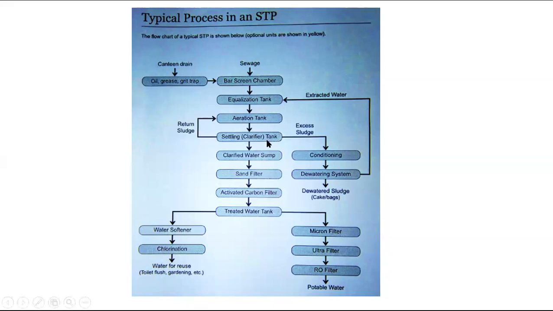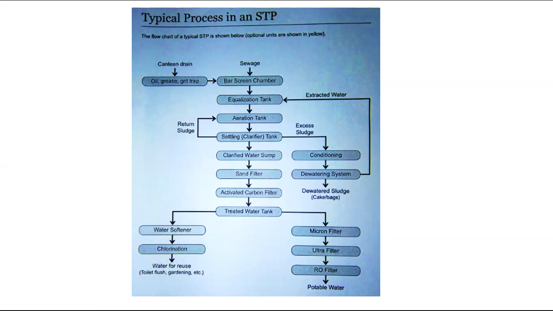After going to the clarifier tank, the clarifier mechanism will be there. In this clarifier mechanism, there is no bacteria mechanism. This is actually a mechanical type filter. Some filter plates will be there. In these filter plates, the water will get filtered.